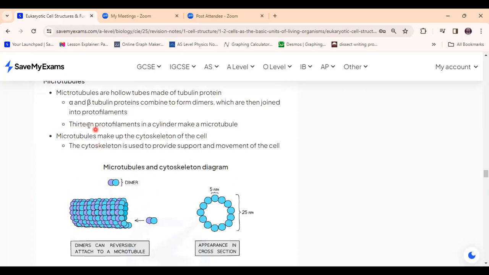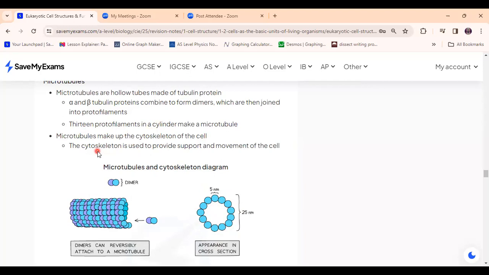Then you've got 13 protofilaments that interact to form a cylinder. This is a top view sort of, so you will see there are 13 protofilaments.